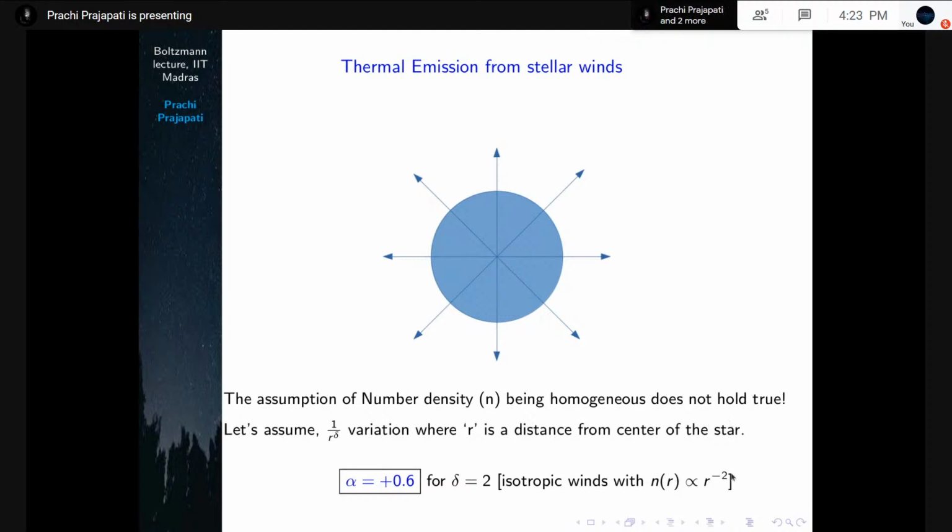Generally it's taken as an inverse square law, so n(r) goes as r to the power minus 2. If we do the same calculation which we do for an ionized medium, then we get a spectral index of plus 0.6 for stellar winds. So this was the thermal emission.